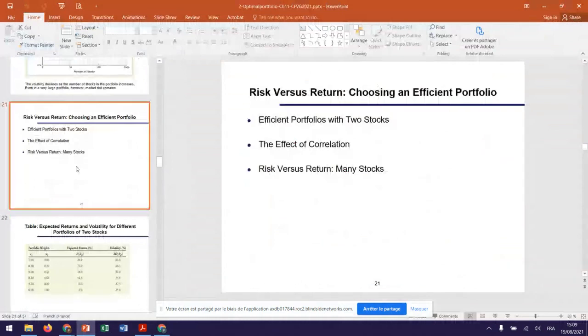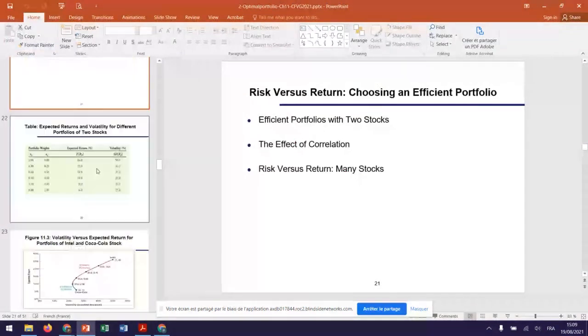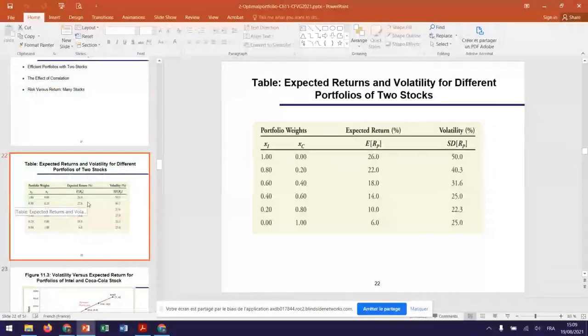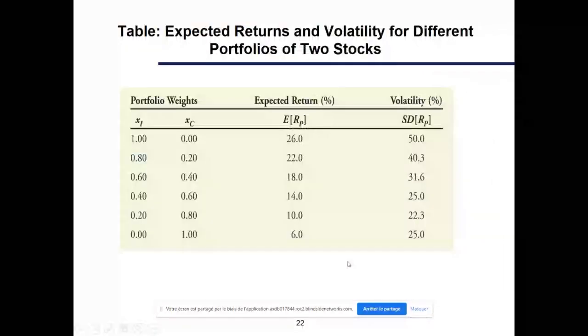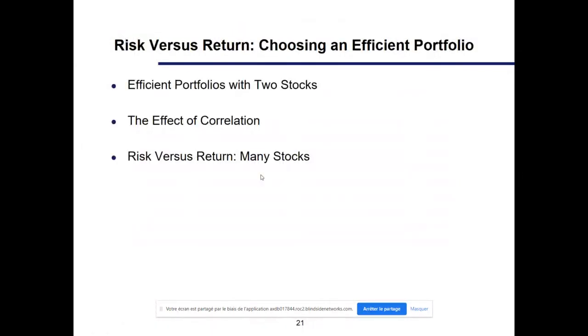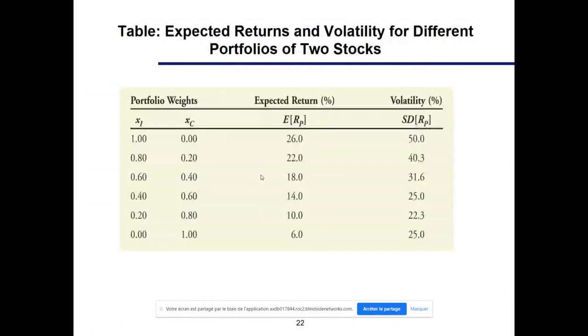Okay, now again, everybody can just have a look at this. I have now 2 stocks to invest in. Just go for 2 stocks first, the simple way to do so. I have this table.